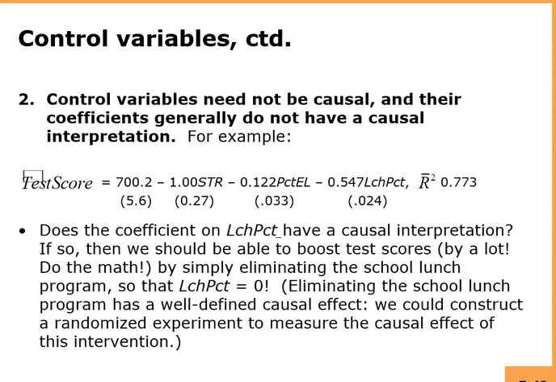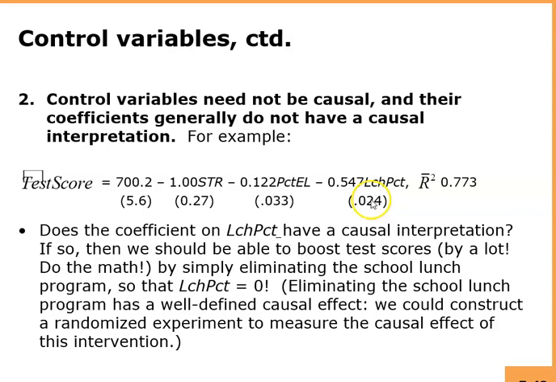So control variables need not be causal, and their coefficients generally do not have a causal interpretation. What does that really mean? So if you look at this regression equation over here, the coefficient of LCHPCT, which is participation in the school lunch program, is negative.